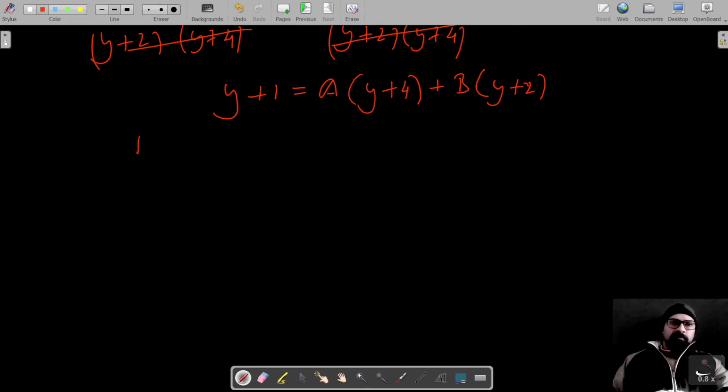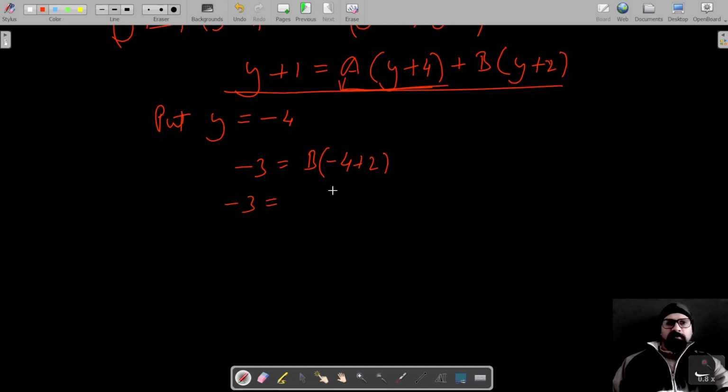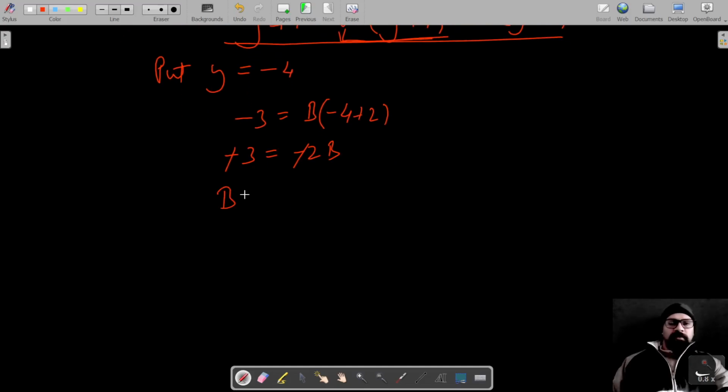Now, how do we get the value of a? We will try to make this term 0 by putting y is equal to negative 4 in this equation, which gives me negative 4 plus 1, which is negative 3. The a term reduces to 0, and this is b into negative 4 plus 2. So negative 3 is equal to negative 2b, which gives me b is equal to 3 by 2.